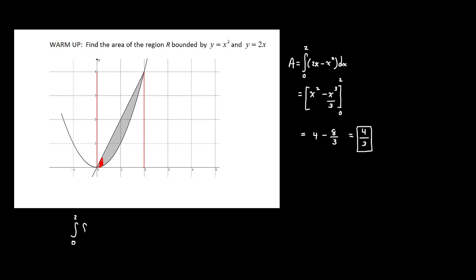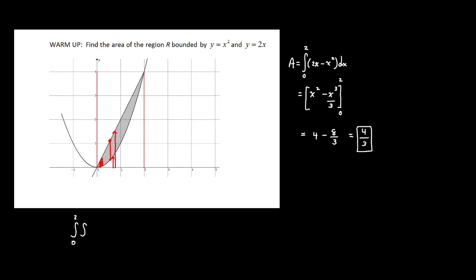But when I'm adding up the squares, I don't want that full rectangle. I only want to start from here and end up here. I want to start from y equals this curve, and keep adding up the squares going up until I reach this curve.